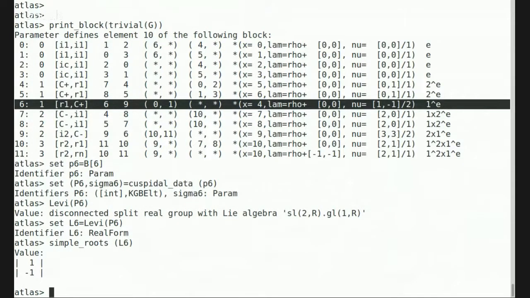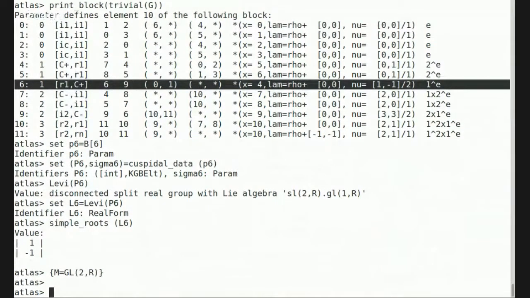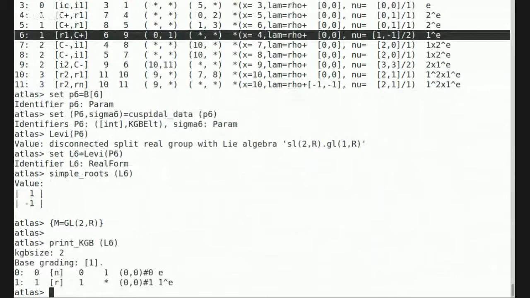With a little bit of monkeying around, you can decide that, in fact, it's GL2R. So M is equal to GL2R in this case. And how could we tell that? For example, let's print KGB of L6. It only has 2 KGB elements, and SL2 has 3. That's one way to see the difference.